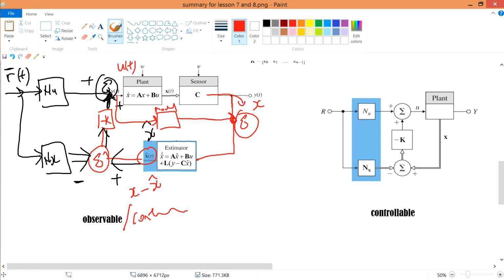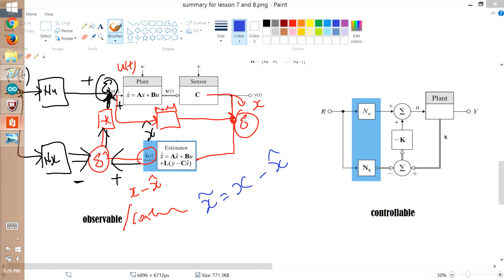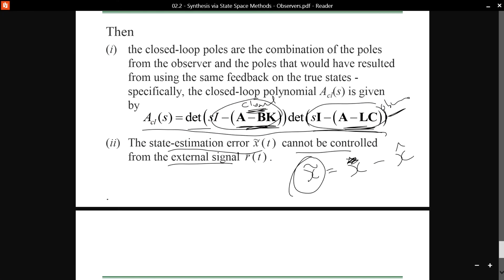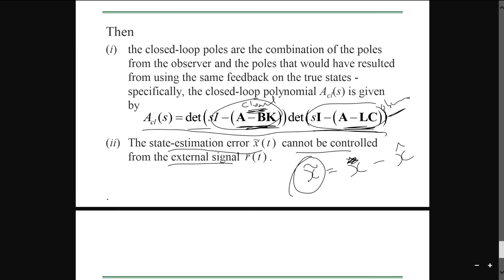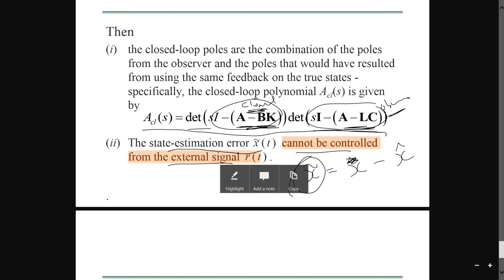When you feed back x and minus away this x hat, you'll get x curly bar. This is the error between your real system and the one that you're modeling, and it cannot be controlled from the external r(t).